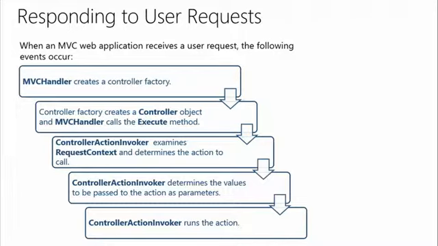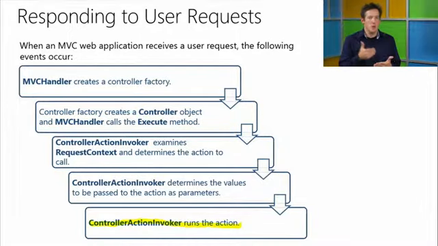Exactly. The main thing I want to highlight on this slide is down at the very bottom. The controller action invoker runs the action. For those of you making the transition from web forms, the biggest difference you're going to notice is people are not going to navigate to www.something.com/products.aspx.